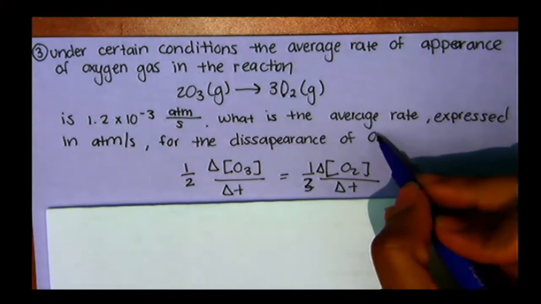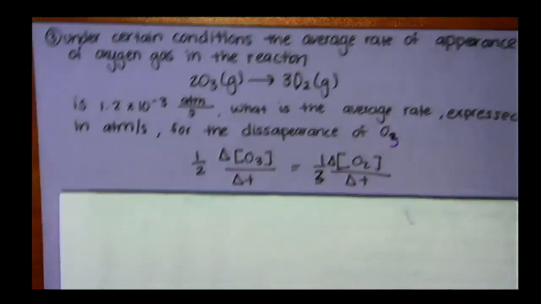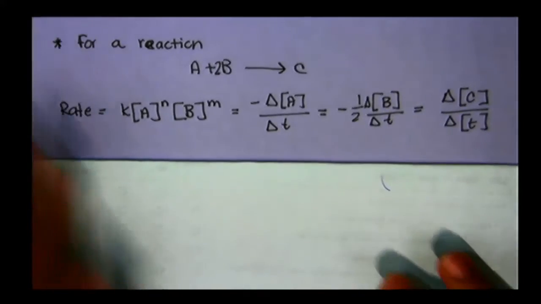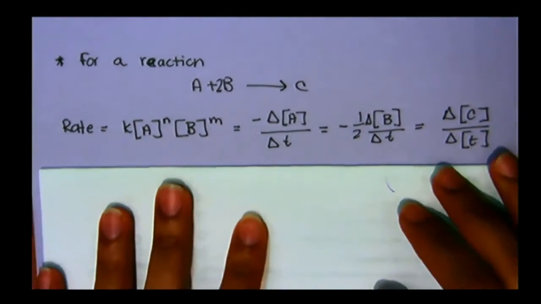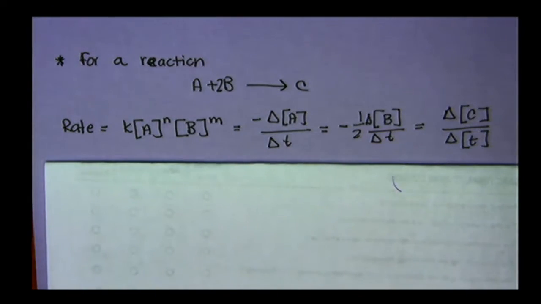All right, so actually I want to go down here first. This is how you can relate your overall rate law to your change in concentrations. They're not the same, and a lot of people get really confused with that when they're talking about rate of change and overall rate and your change in concentrations. In order for your change of concentrations to equal your rate, you're going to have to multiply it by certain factors.